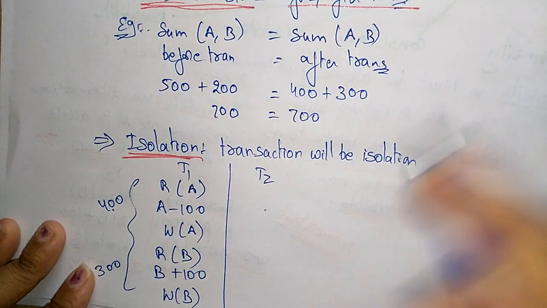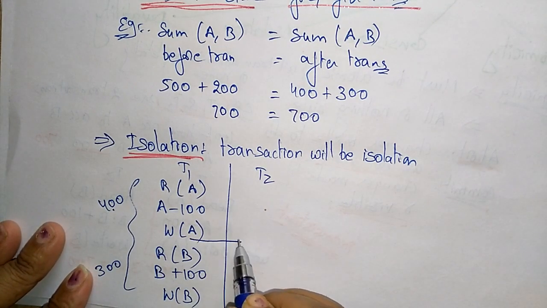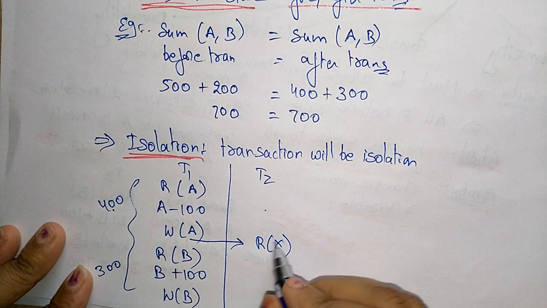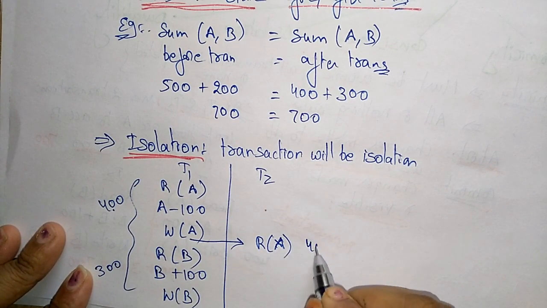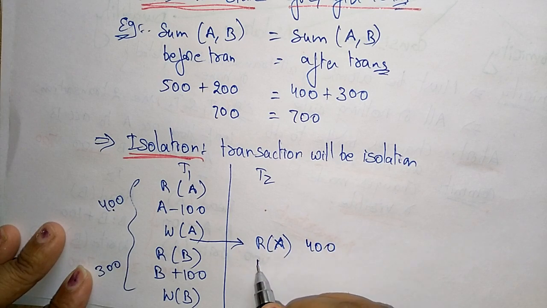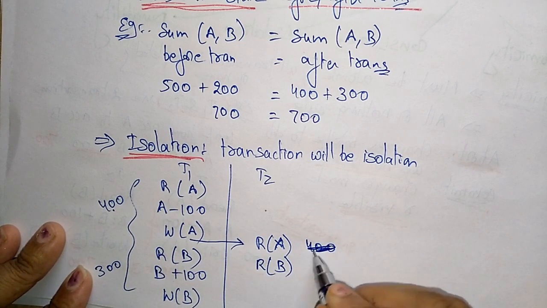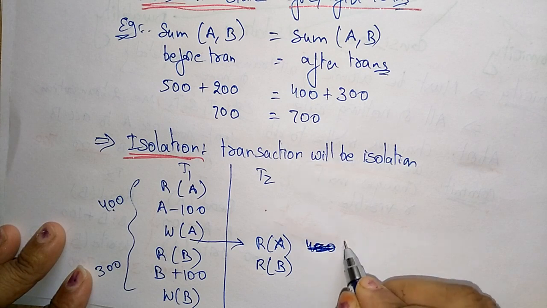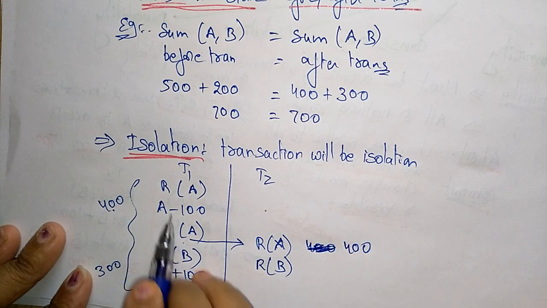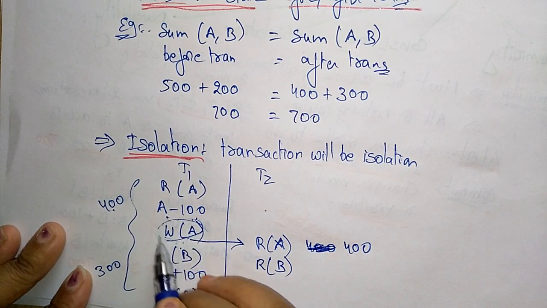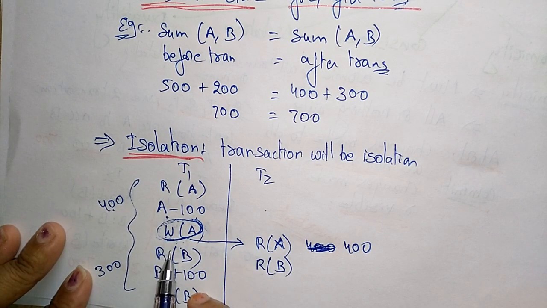Here isolation means suppose after completion of this, another transaction is started. It says read A. The A value is 400, because 500 minus 100 is 400. A has already been written, meaning the value of A is committed in the account.